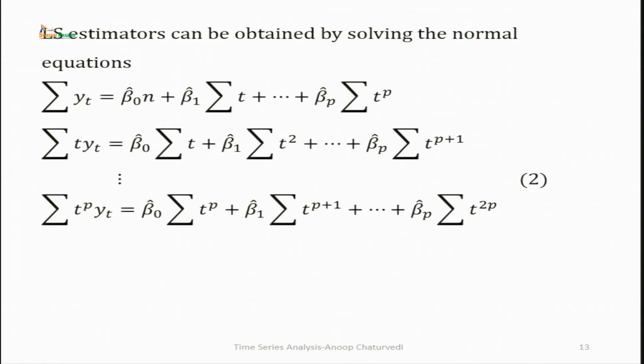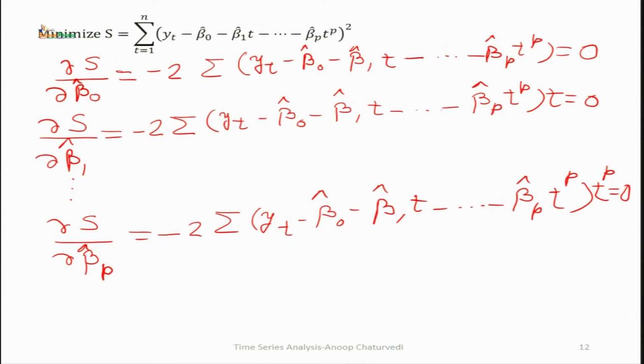To simplify these equations, you simply take -2 towards the right hand side. So, the first equation becomes summation y t, and the rest of the terms you take towards the right hand side. So, you get n times beta naught hat plus beta 1 hat summation t and so on.